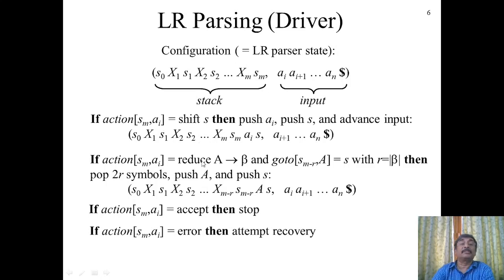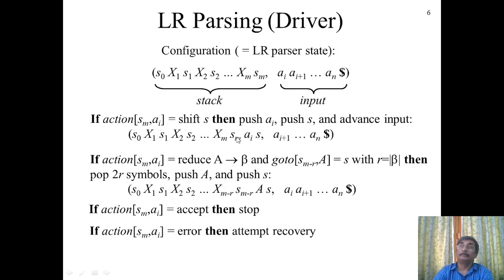The decision could be shift, reduce, accept, or an error. If the decision is an error, the table does not contain any entry. Now if it is shift, then the current input symbol will be shifted onto the stack, and the next state of the stack will become another state S. Which is this state?